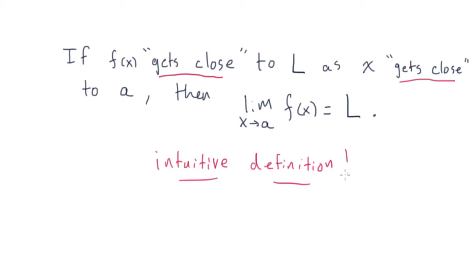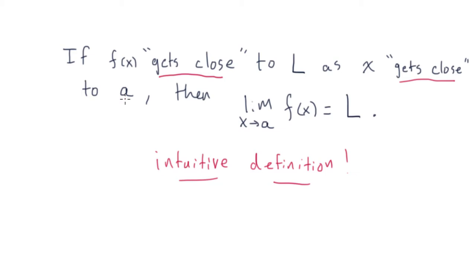In mathematics, we want to be extremely precise because we want our arguments to be based on just a handful of axioms and everything to follow using deductive reasoning. This is not a precise statement. It's not based on anything. It's just an idea. It's just an intuition about how we can think about limits.